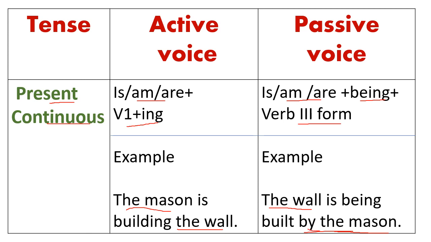Now see, is building will change according to the passive voice rule. So is, am, are: the wall is singular, so I have used is. Then being, then verb third form. What is the verb third form of build? It is built. So the sentence becomes: The wall is being built by the mason. I hope it is clear.